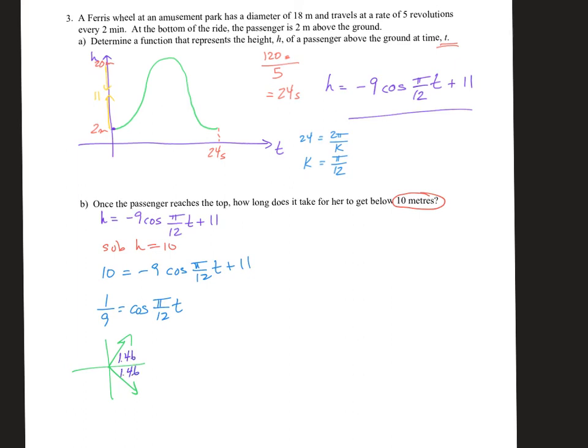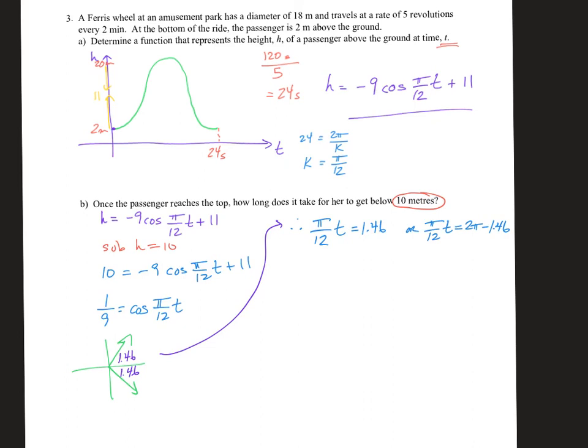And so if I come from that diagram up top, I know that whatever's inside that ratio, pi by 12 t, has to give me 1.46 to put me in the first quadrant, or whatever's inside that ratio has to get me 2 pi minus 1.46 to put me in the fourth quadrant.